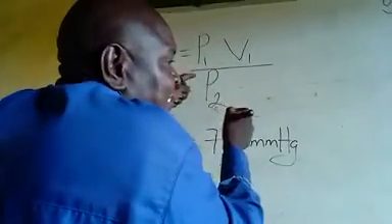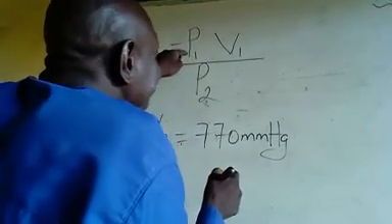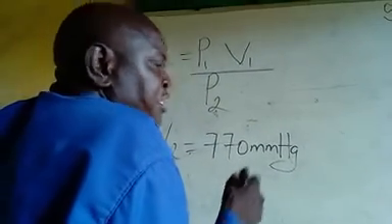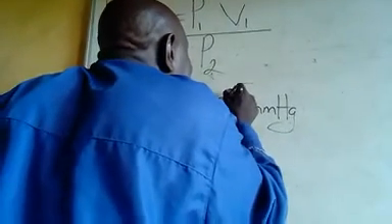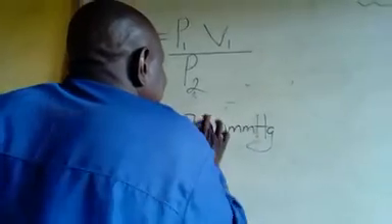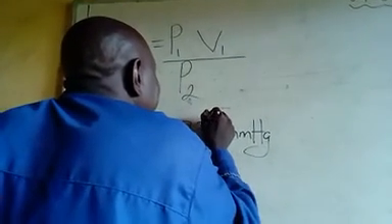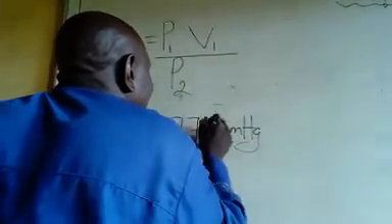Our P1 is given to be 770 millimeter of mercury. Alright?